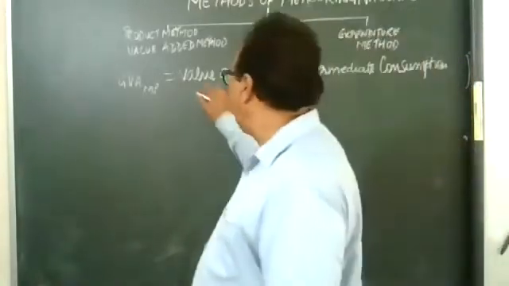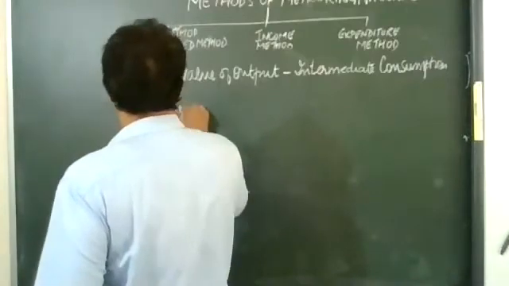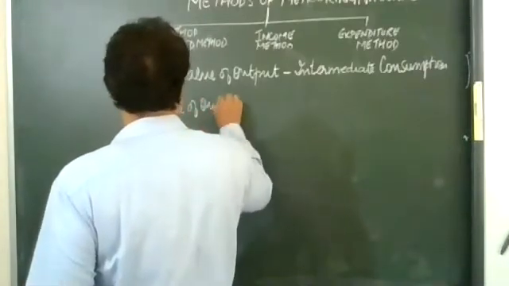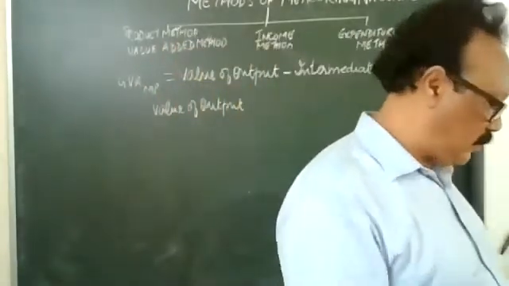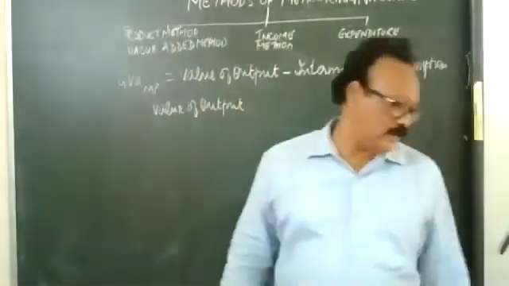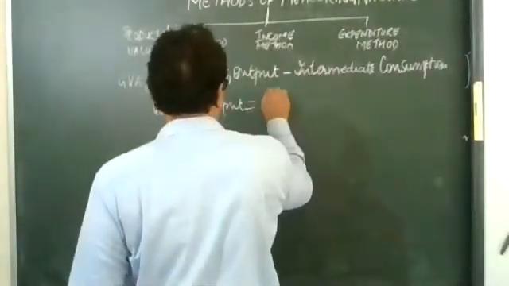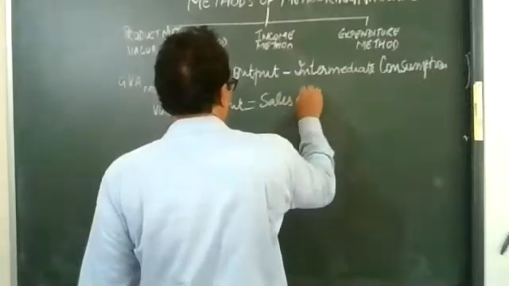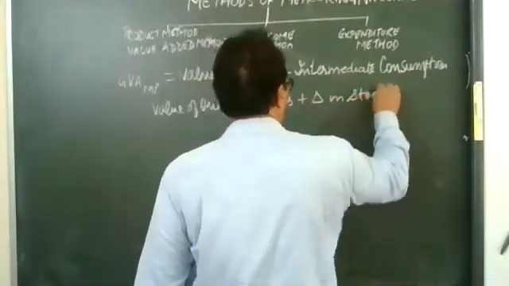Now you will ask me, how do you calculate value of output? Value of output is calculated as sales plus change in stock. Sales plus change in stock.